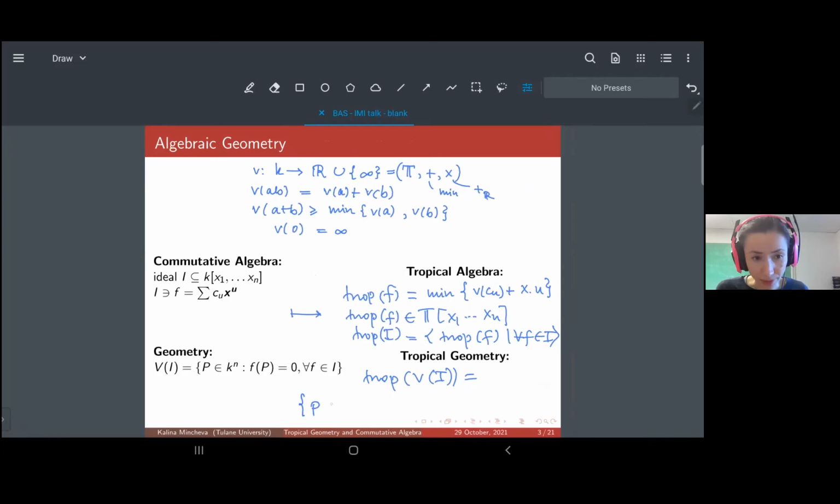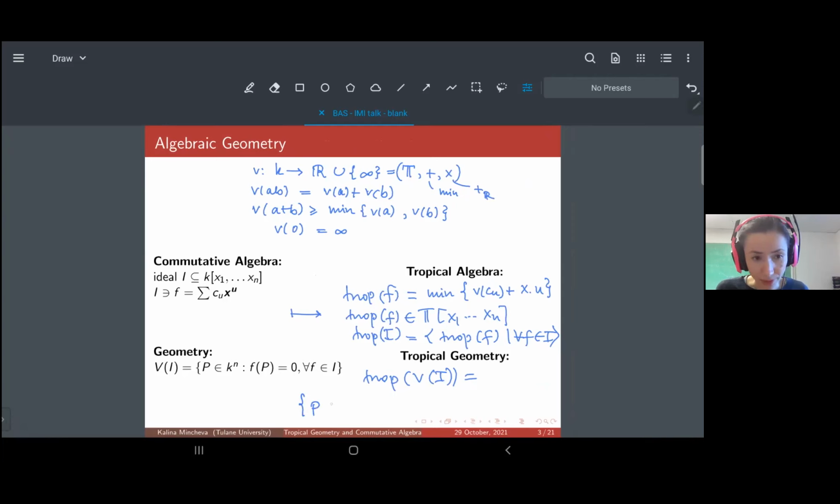I introduced this tropical semifield, T, which was, as a set, the real numbers with infinity and two operations, minimum and addition of real numbers. So this is a semifield. In particular, it's additively idempotent. What does that mean?